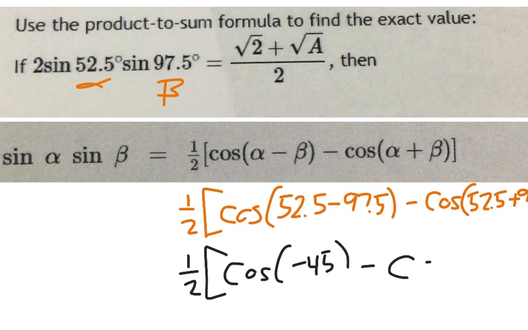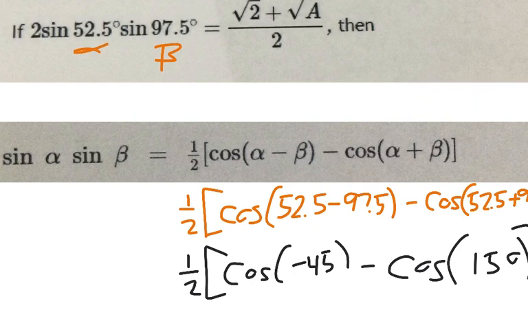Minus cosine of 52.5 plus 97.5. Okay. Hey, I like those angles. Those angles good.